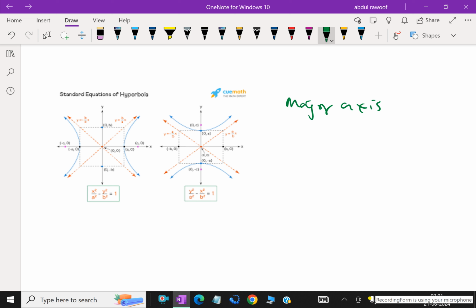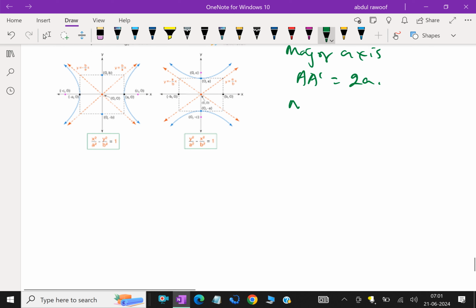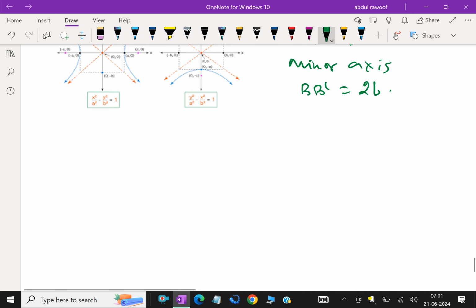Major axis length A' is equal to 2a. Minor axis length B' is equal to 2b.